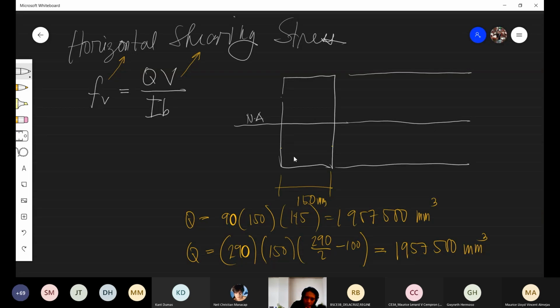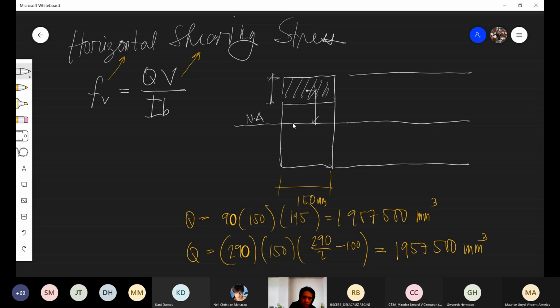If this is the fiber and this is the area we consider, there is the area along y, this distance, and its distance from the neutral axis. So it is quadratic in terms of its distance from the neutral axis.